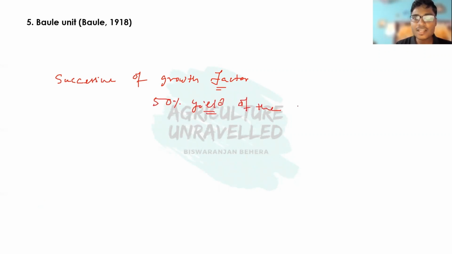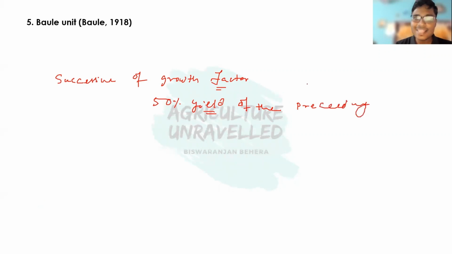So remember this thing, successive addition of growth factors. Successive addition of growth factors means whenever we are applying growth factors one after another, that will increase the yield by 50% of the yield achieved due to the preceding growth factor.